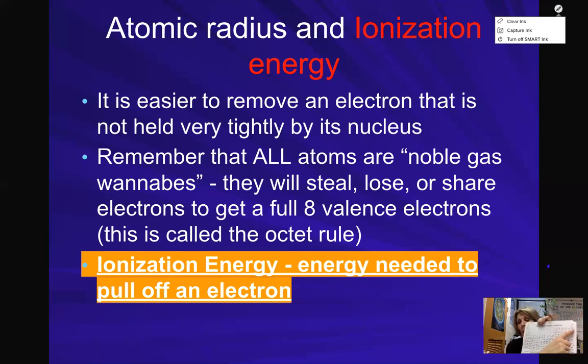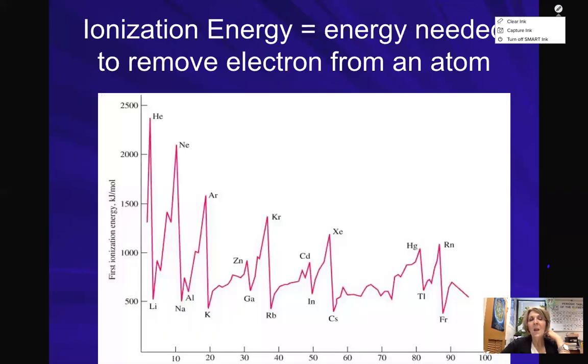Think about fluorine up in this corner. Fluorine has a very strong ionization energy. It has a high ionization energy because it is holding on to its electrons really tightly, and it's hard to remove one. So you saw this when you did your graphing. Let's look. And again, look at your periodic table to see the pattern.